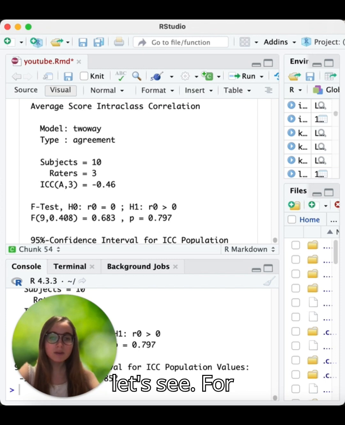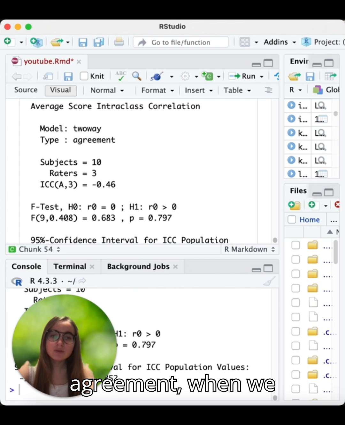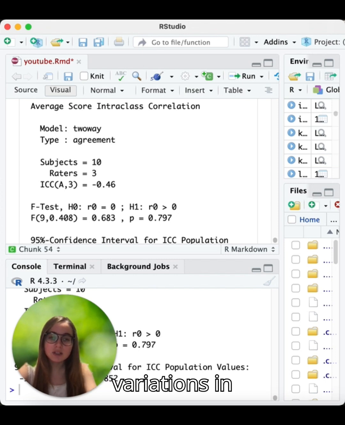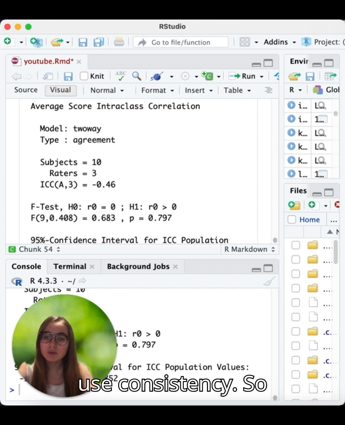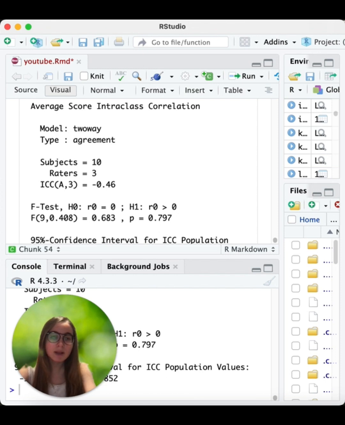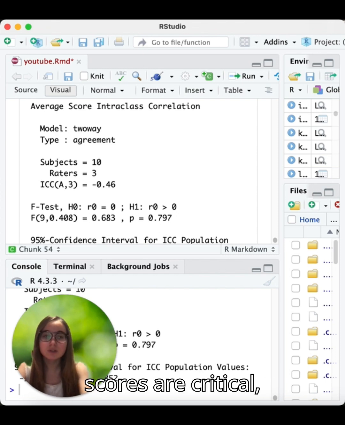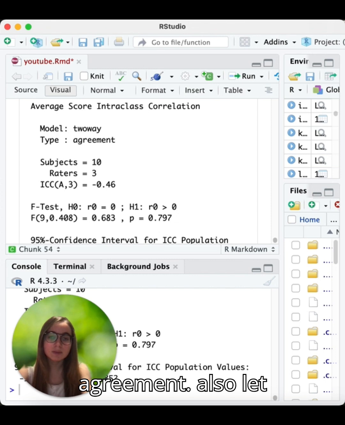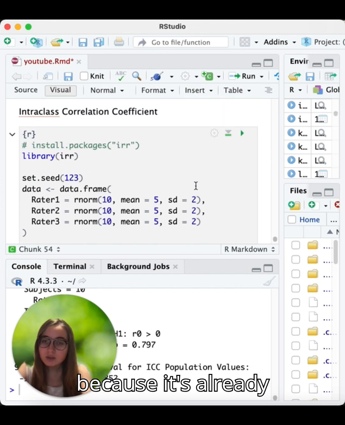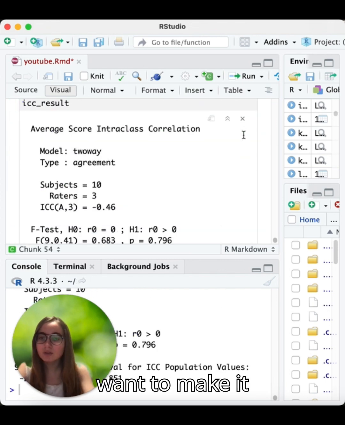For agreement, when we need exact scores to match between raters, we use it, and when we need relative ranking and minor variations in absolute scores are acceptable, then we use consistency. So, for example, employee performance evaluations would use consistency, but diagnosing patients where exact severity scores are critical, we need to use agreement. Also, let me make this 5 because it's already random, so we might want to make it similar.